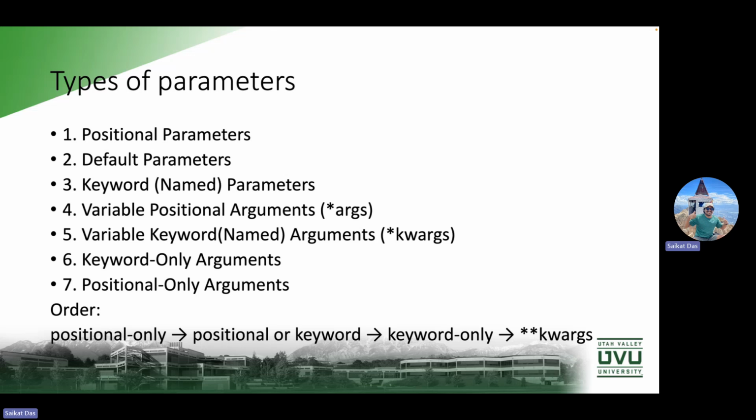The very traditional way is positional arguments. That means if you have 3 arguments, you need to write 3 parameters in the function header. They should be in order. If you have 4 or 5 parameters, you must know the order. Otherwise, you missed it.